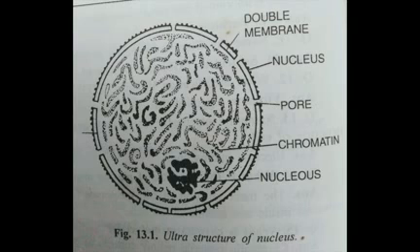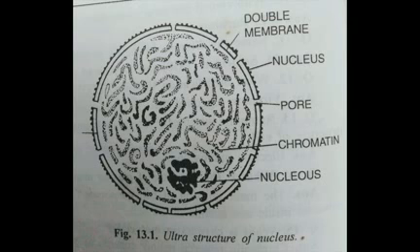It contains the nuclear envelope or nuclear membrane. Then it contains the nuclear sap or nucleoplasm. In between, a dark small spot is there, that is the nucleolus, and the thread-like structures are termed as chromatin material.